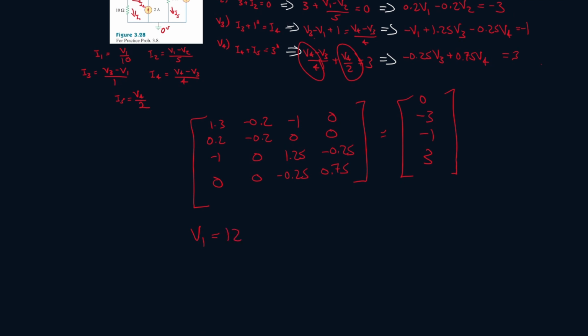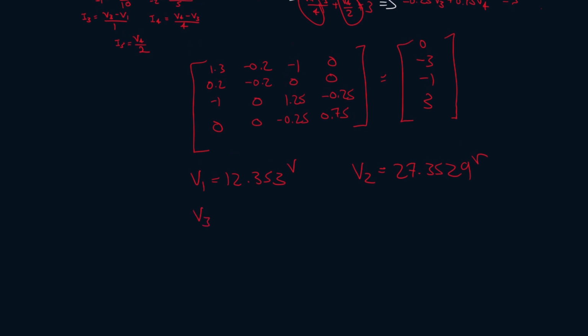V1 should equal 12.353 volts. V2 will be 27.3529 volts. V3 will be 10.5882 volts. And V4 equals 7.5294 volts. And these are your final answers.